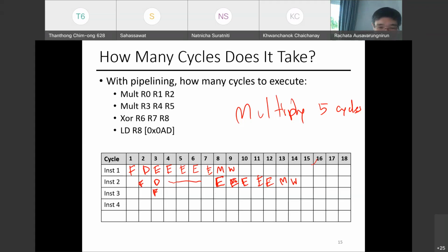So I can start decoding right here. And when can I execute? Cycle 13, right? Because I get stuck here too. Execute, memory, and write back, right? I can't even fetch until here, right? Because fetcher is still holding the instruction from instruction 3 until cycle number 8.